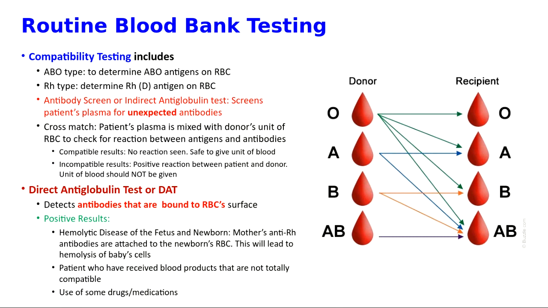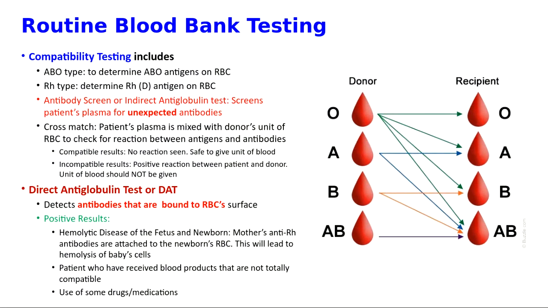If antibodies have attached to an antigen on the red blood cell, remember that the antibody will try to destroy the red blood cell, and we do not want that. So if we suspect that there might already be antibodies attached to the red blood cells, we're going to do a DAT test just to make sure.